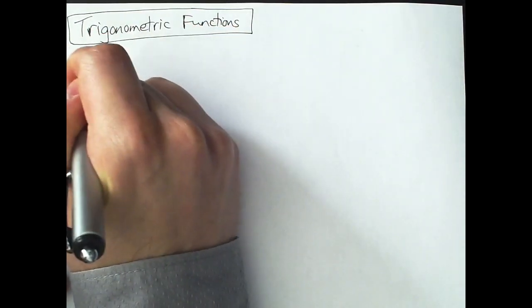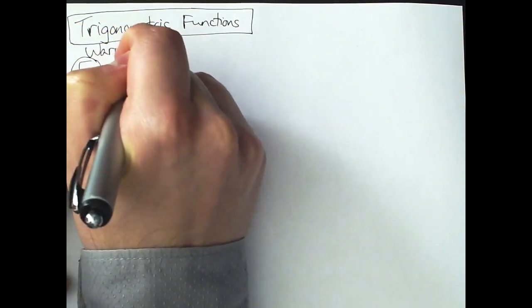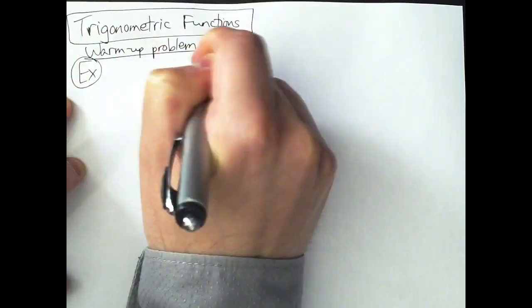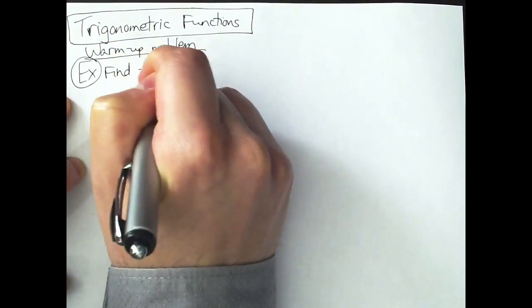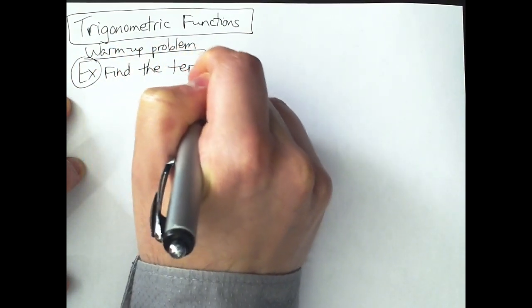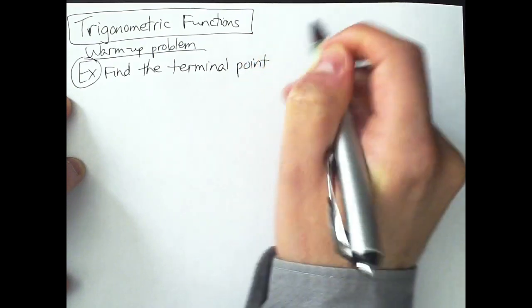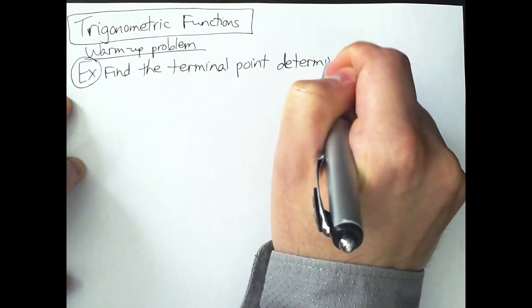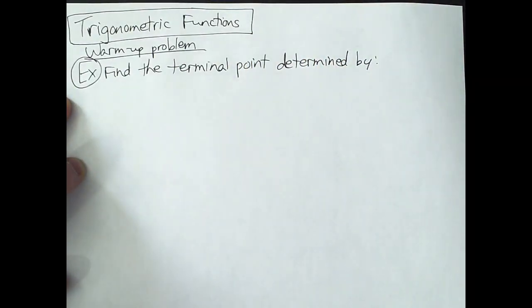So, example. Here, I'll write warm-up problem just so we have it in our notes. Warm-up problem, example. Find the terminal point determined by, I'm going to give you two of these.